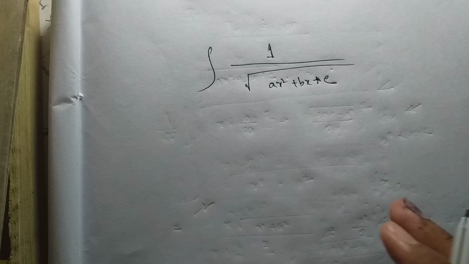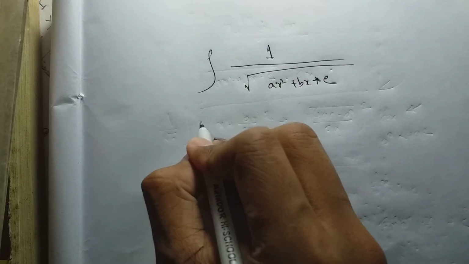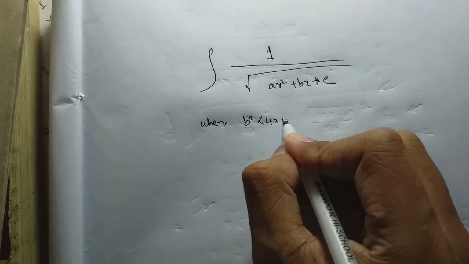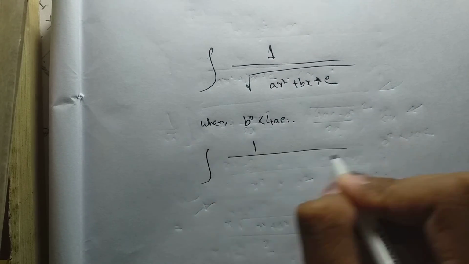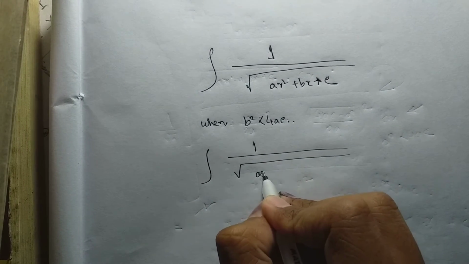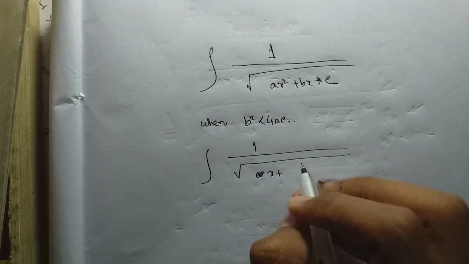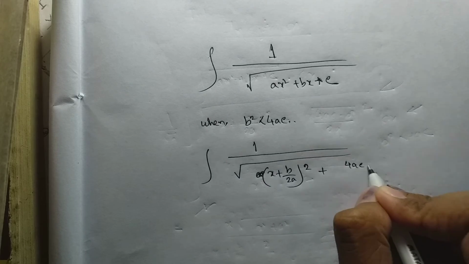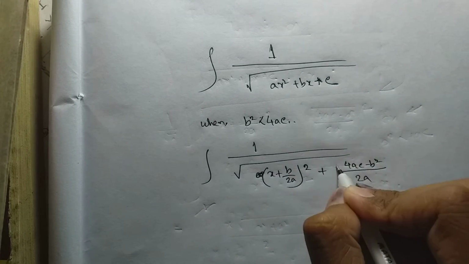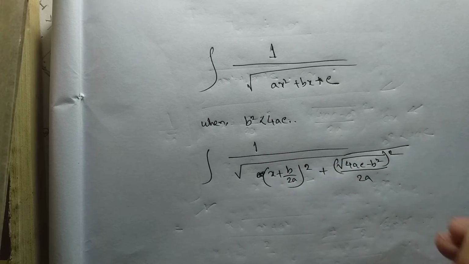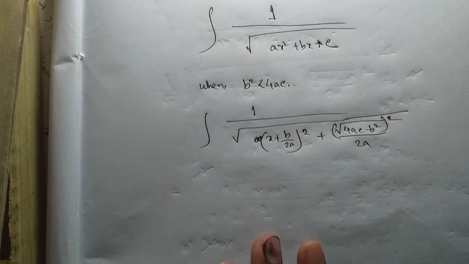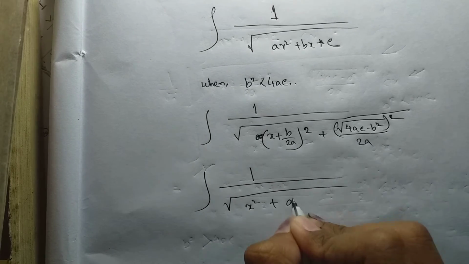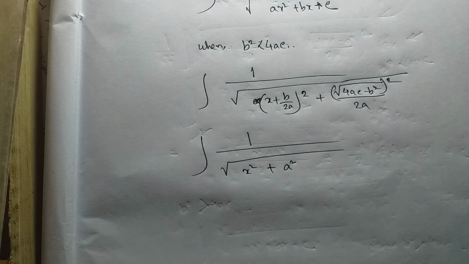You apply the same procedure. When b squared is less than 4ac, the integration of 1 by root over x plus b by twice a, whole squared, plus 4ac minus b squared by twice a, whole squared, forms the formula for 1 by root over x squared plus a squared.